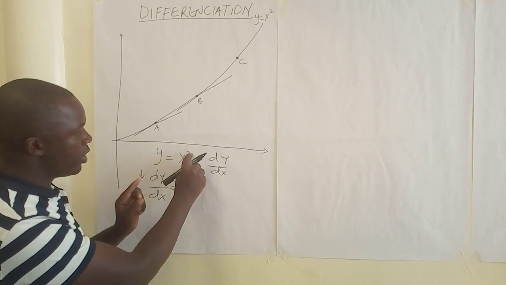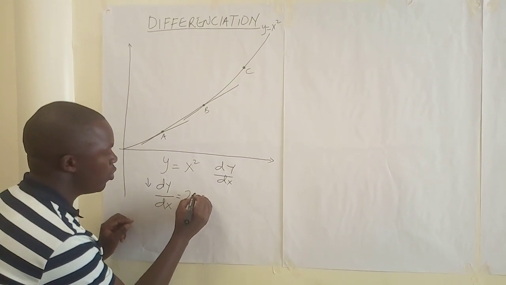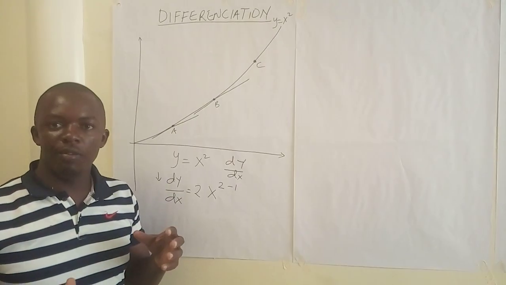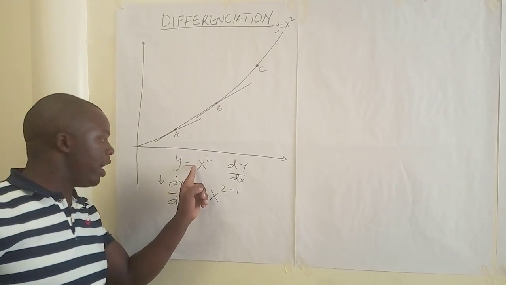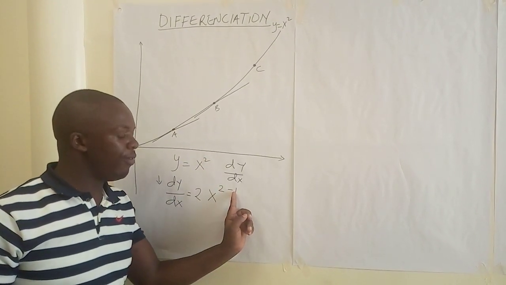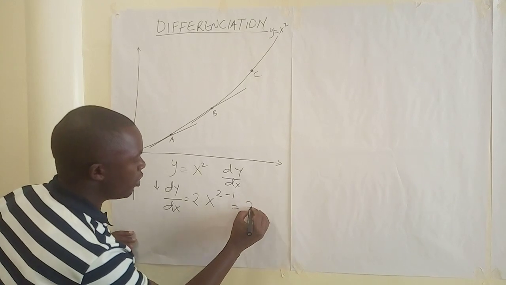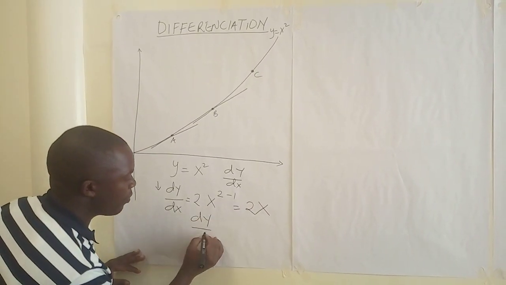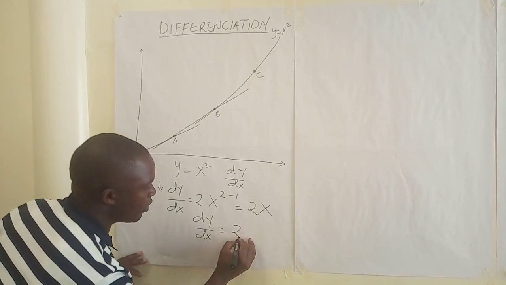And I'm going to bring this 2 here. It's going to be 2x, then 2, I subtract 1. You see what I've done? I've just brought this 2 here, and the same 2 I've subtracted 1 from. And this is going to be 2x. So, my gradient function dy/dx is the same as 2x.